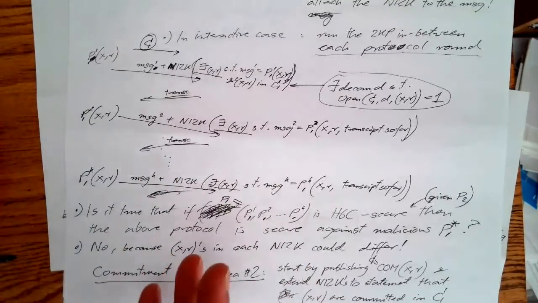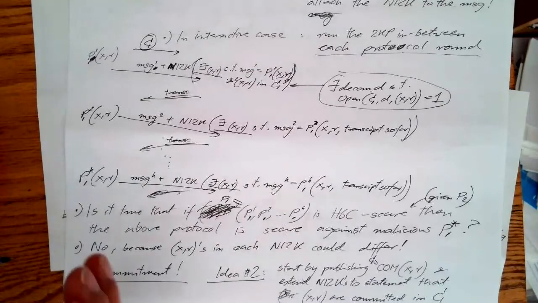In prime groups, it's not so obvious, and in fact, you can show that the basic OT that I showed you is secure against malicious participants, even if they choose randomness badly.